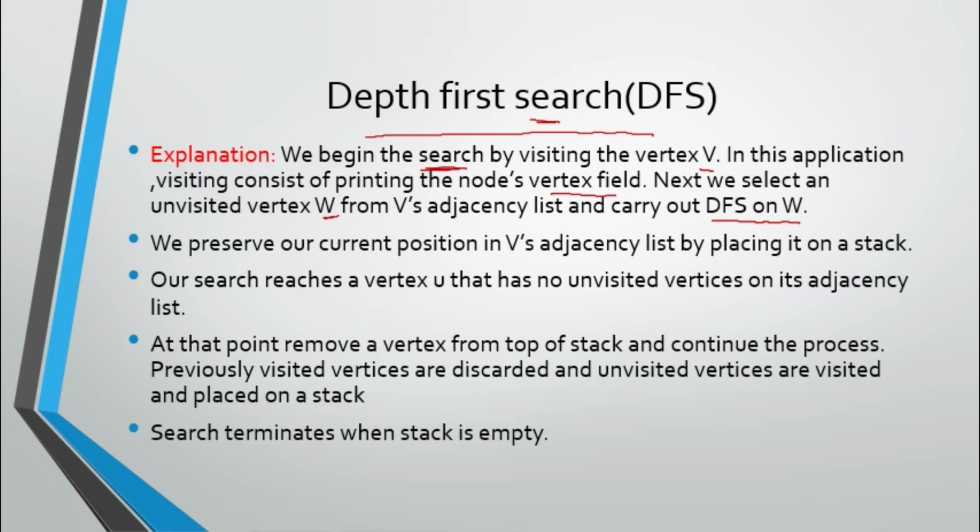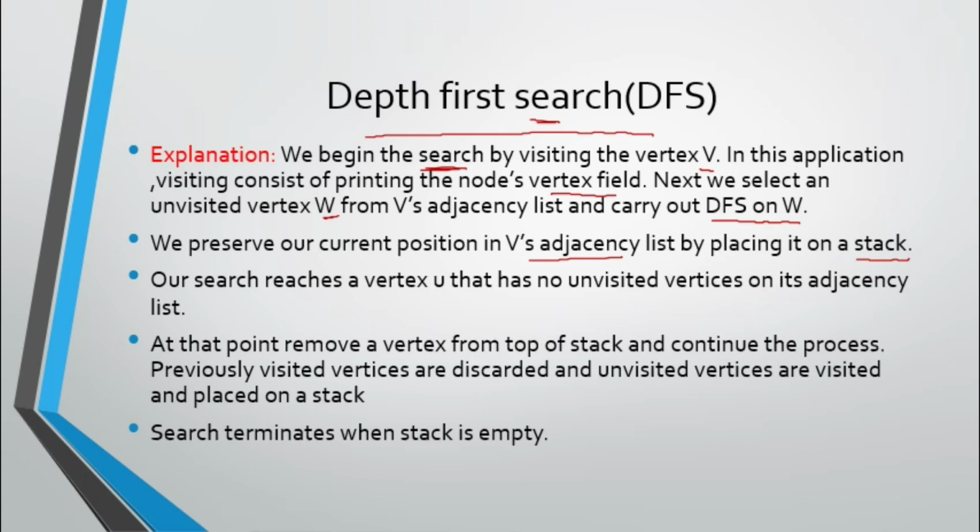We preserve our current position in V's adjacency list by placing it on a stack. So we need a stack here to keep track of where we have visited. Our search reaches a vertex U that has no unvisited vertices on its adjacency list.